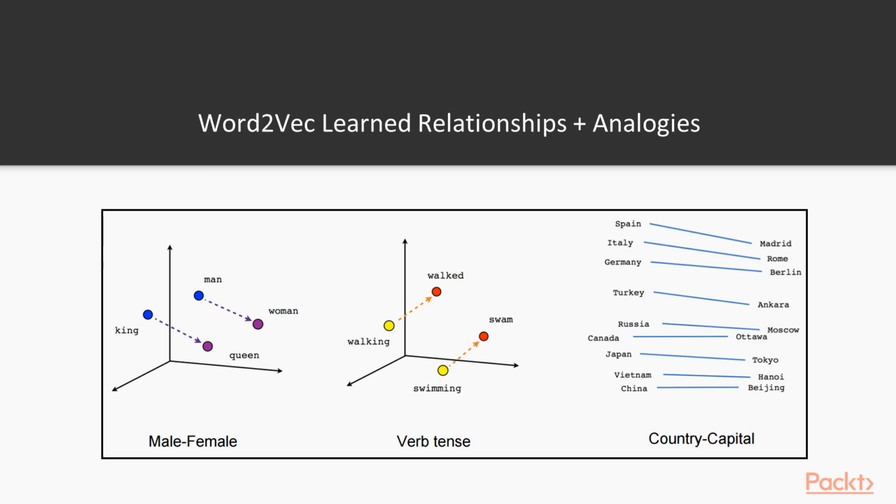And essentially what that difference represents would be something like the gender of the noun. Or something like verb tense is also encoded within the vector representation. So the difference between walking and walked is similar to swimming and swam. So that's encoding the tense of the term, as well as country and capital.